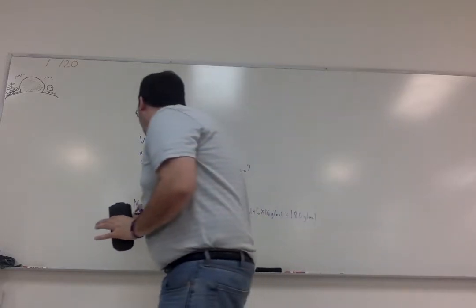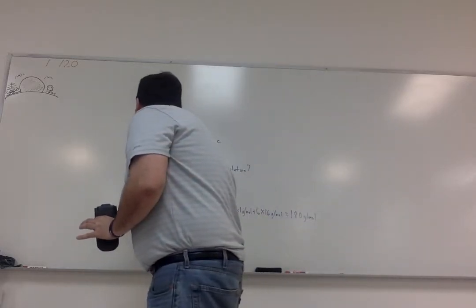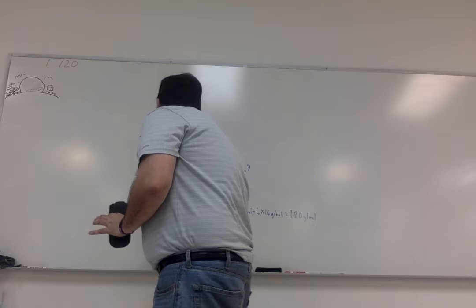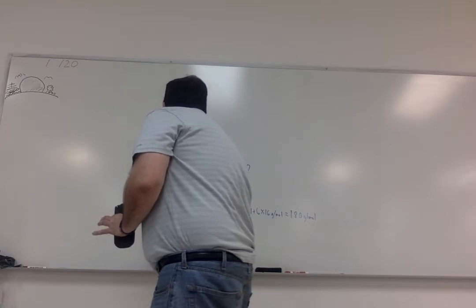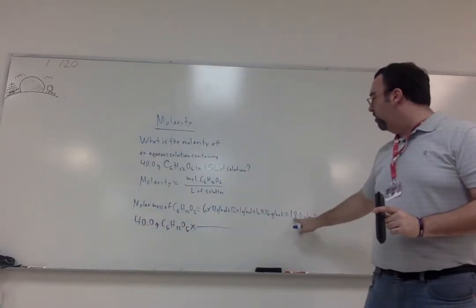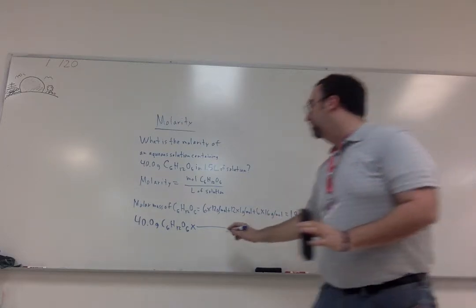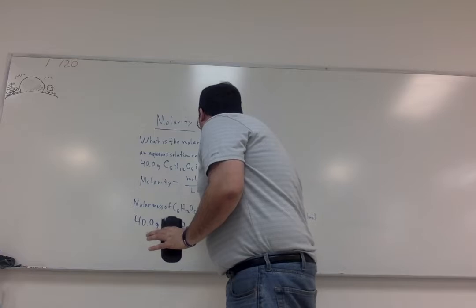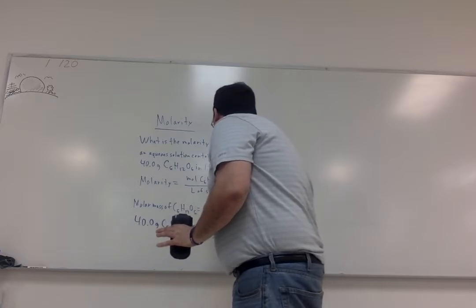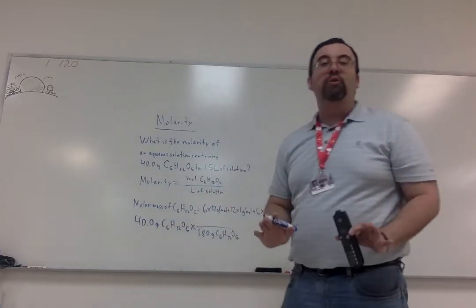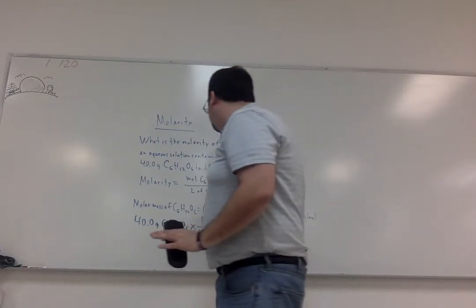And so I have 40.0 grams of C6H12O6. I'm going to go ahead and put the 180 grams on the bottom so that the units cancel out. And therefore the 1 mole goes on the top.